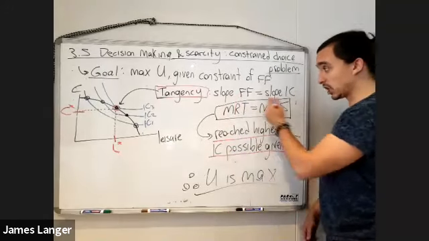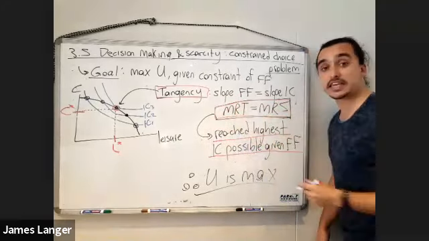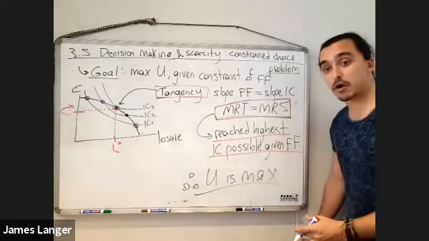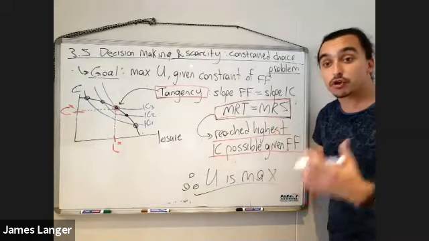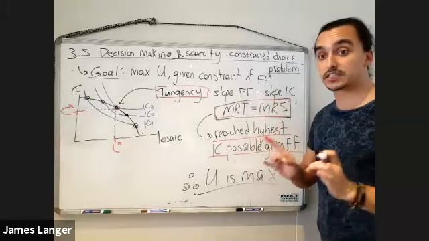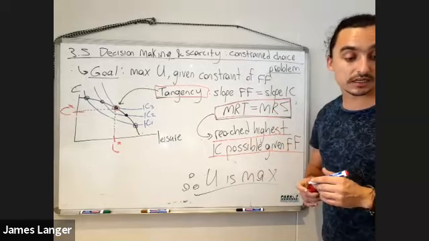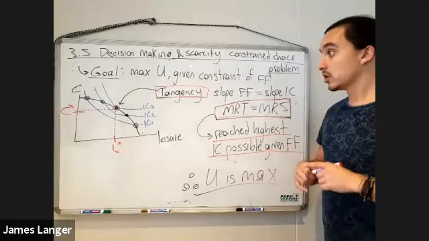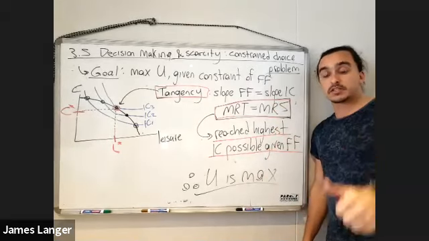Where the slopes are equal, and we know that means that the MRT is equal to the MRS. So the rate at which I'm willing to trade things is the rate at which I'm able to trade things. And we know that that is the best point to be with regards to our utility maximization. Does anyone have any questions, or do we understand this? Give me a thumbs up if we understand.